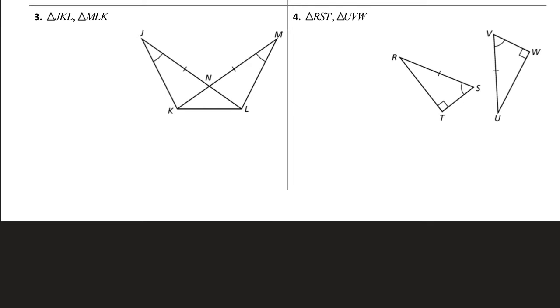So I'm just going to use green to highlight the triangle on the left, okay? So that's one of them. And I'm going to use blue to highlight the triangle on the right. So that's the other one, okay? So what we can say, angle J, I'm going to go back to red here. Angle J is congruent to angle M.